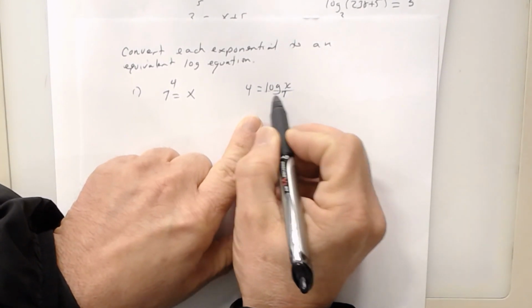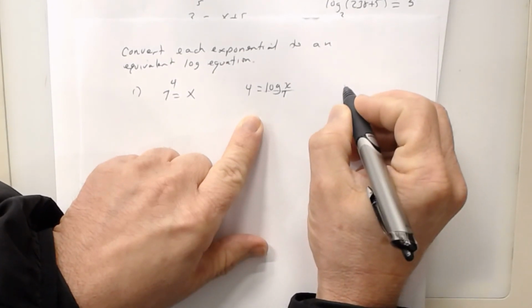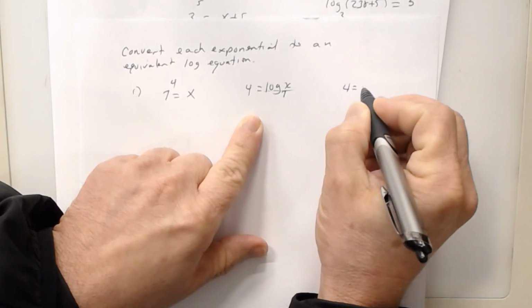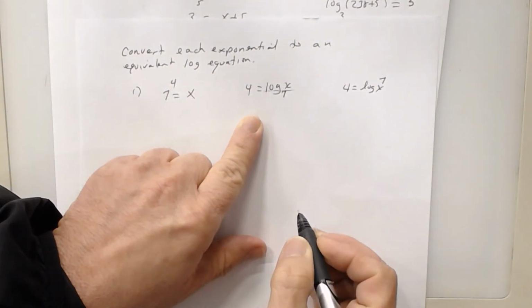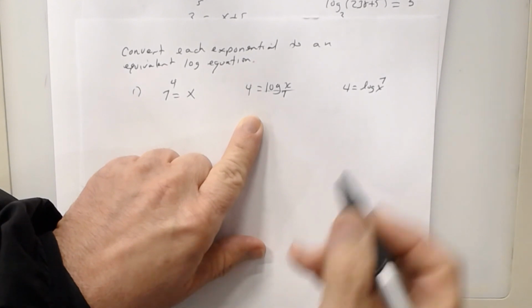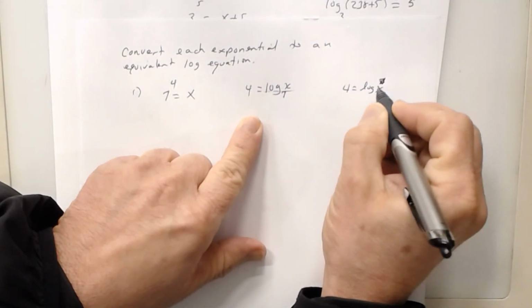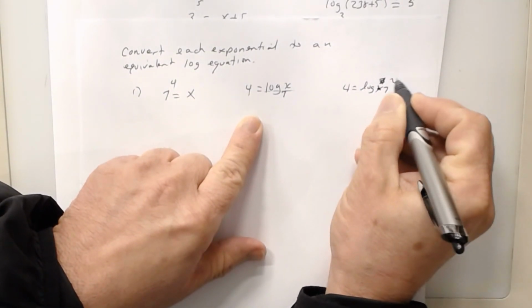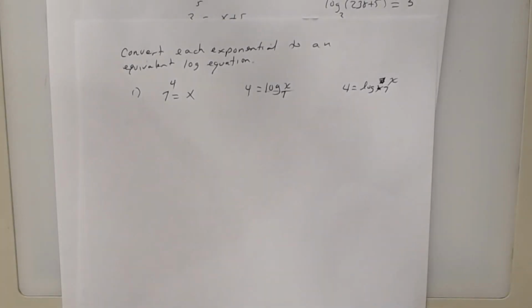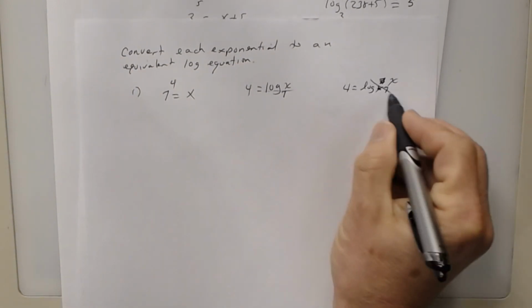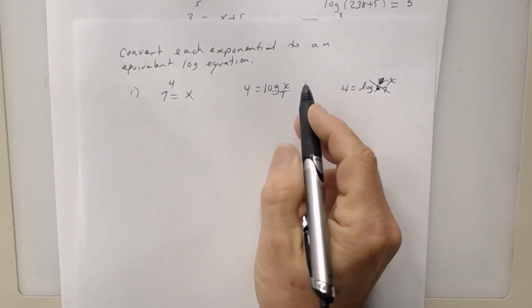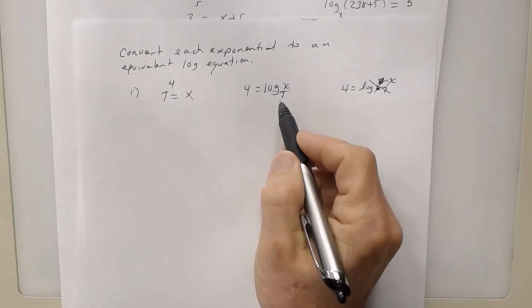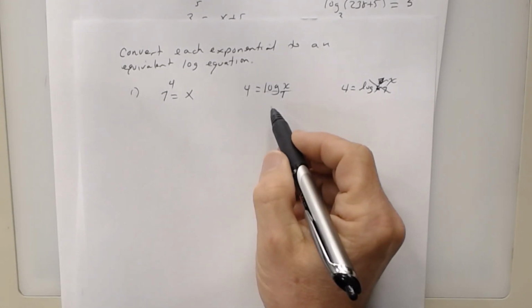Some of you were saying 4 equals the log of 7 with an x. That's not how you're supposed to write it. It's got to be level, the LOG and the argument have to be level. So do the best you can with writing that 7 as a subscript.